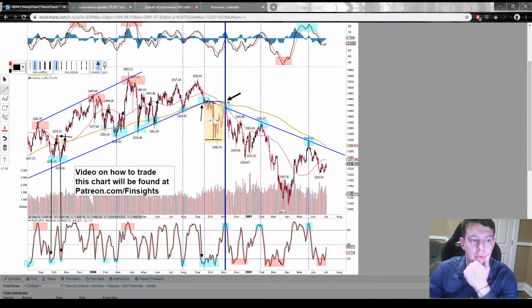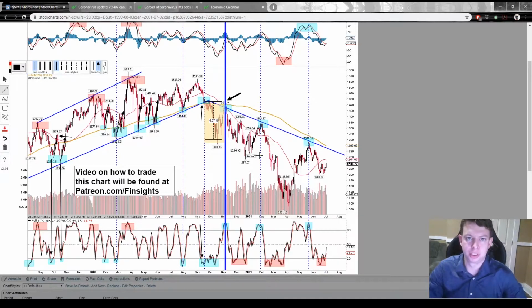It goes from about 1440 to a low of 1305 right here. That's about a 9% loss from where you entered to the very bottom of that trough. And this is what I mean by mitigating risk.